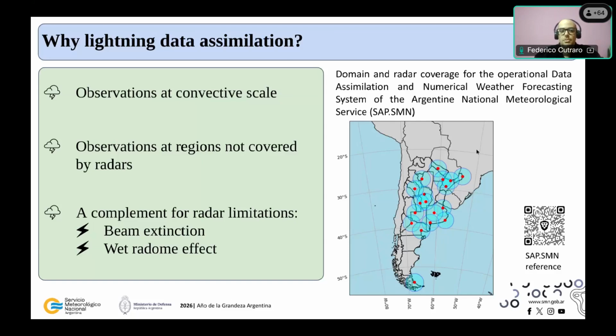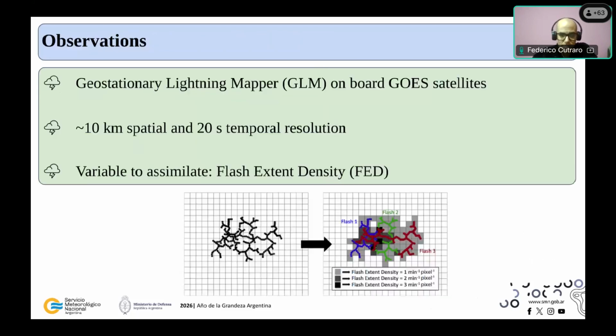So with lightning observation, we could assimilate convective scale observation in a larger region. And also, radar observation presents different limitations like beam extinction or wet radome effect that lightning observation could complement in those cases.